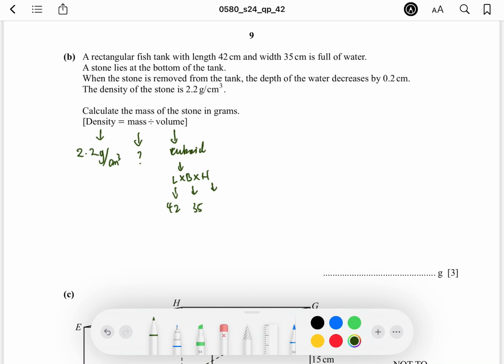Do we know the height? Do we know the height? No. So how?